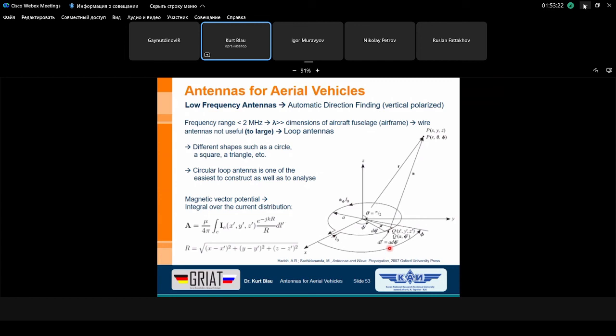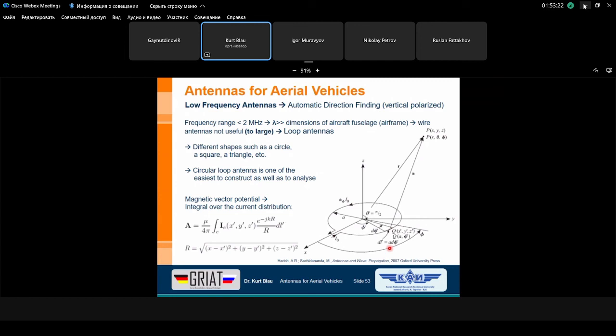Then we have only the differences between the single coordinates in squares, and the square root of the sum of these squared differences. This is again the radius, or distance from the origin, small r, and this is the distance from the current element, large R.